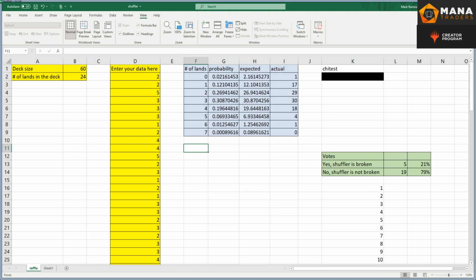In the opening hand of 7 cards, you can have anywhere from 0 to 7 lands. In those 100 games, we took note of how many lands we had in our opening hand, and you can see that in this column over here.